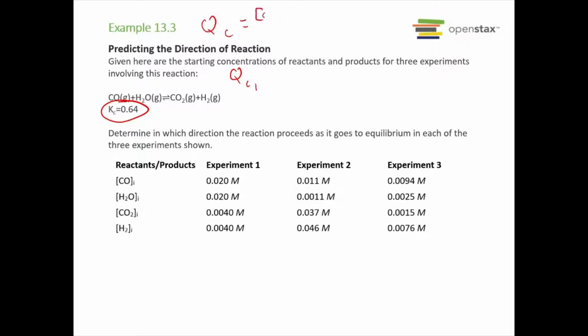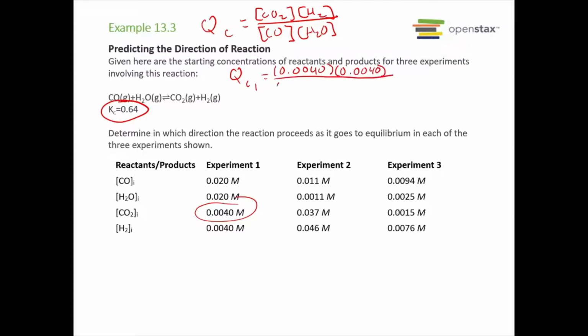This is going to be equal to CO2 times H2 over CO times H2O. So we don't have any exponents here. They're all to the first power, so that's kind of nice. So in experiment 1, CO2 is equal to 0.0040. H2 is also 0.0040.